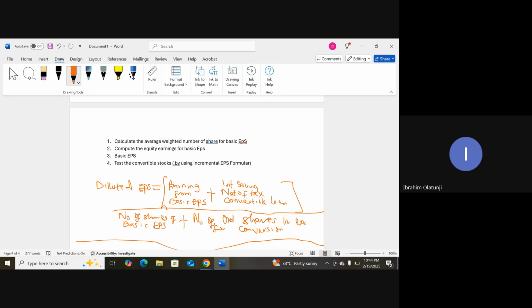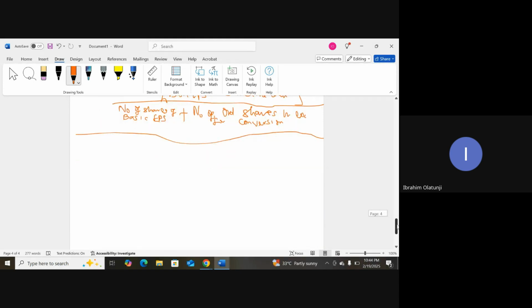Then calculate basic EPS: earnings minus preference dividend, if there is one, over the weighted average number of ordinary shares. Then four, you test the convertible stock, using the incremental EPS formula.